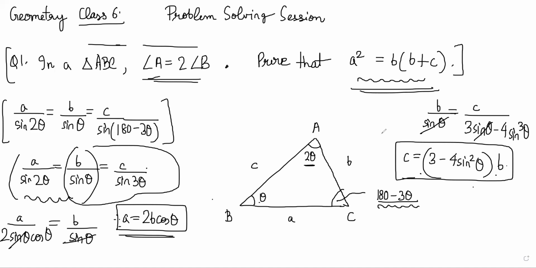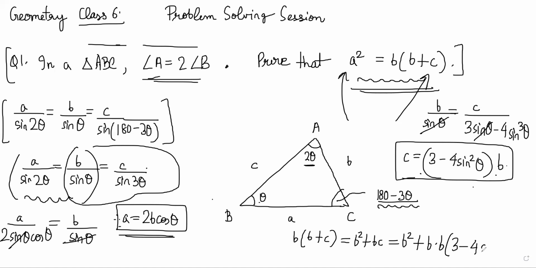So we can use these relationships to try and prove this, because now we can say that b into b plus c is equal to b square plus bc, which is b square plus b into, instead of c, I can write b into 3 minus 4 sine square theta, right?